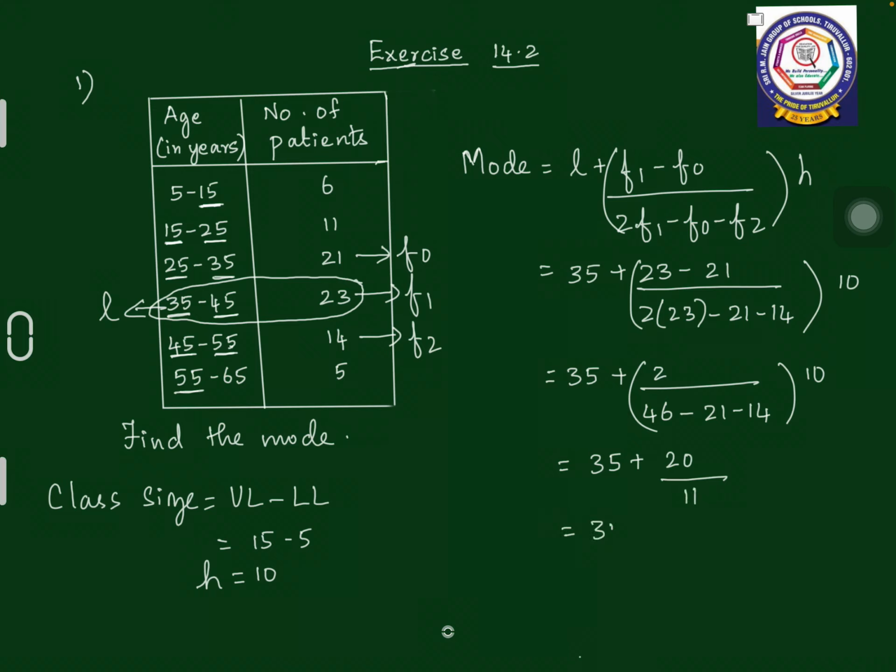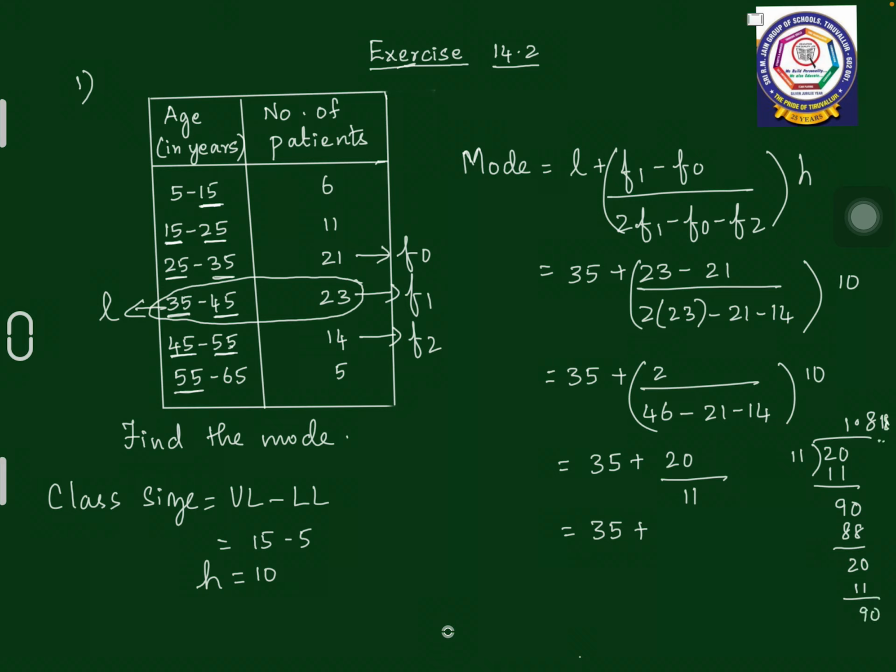So let us find 20 divided by 11. If I divide 20 by 11, I get 1.8181, and it keeps going.